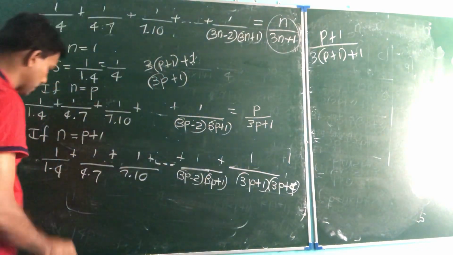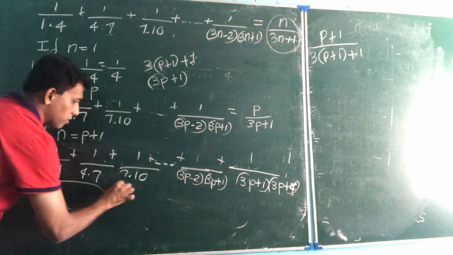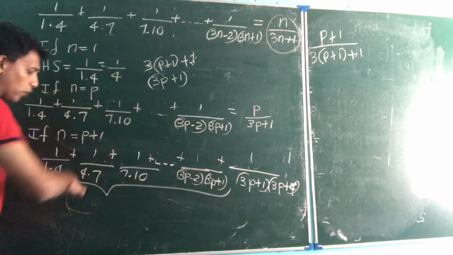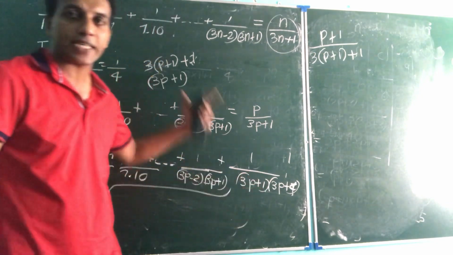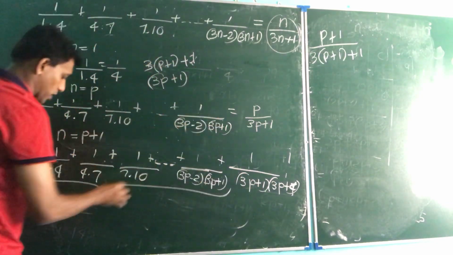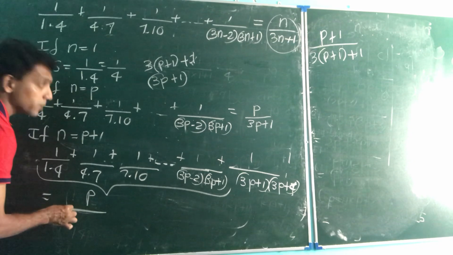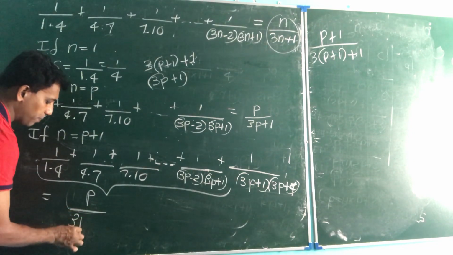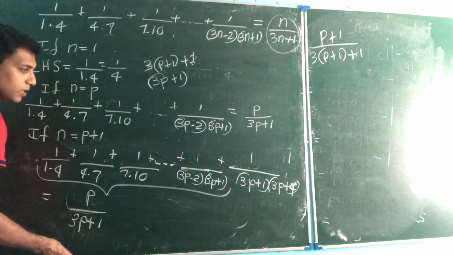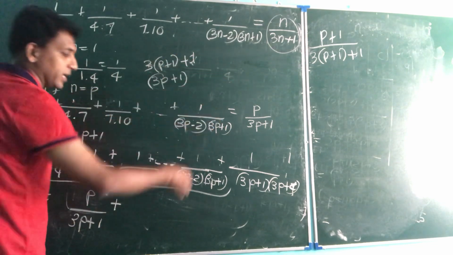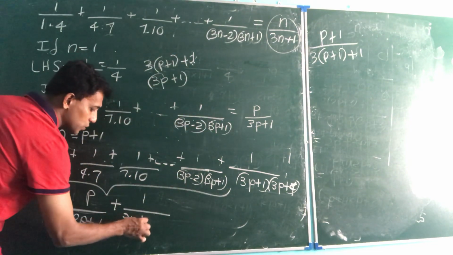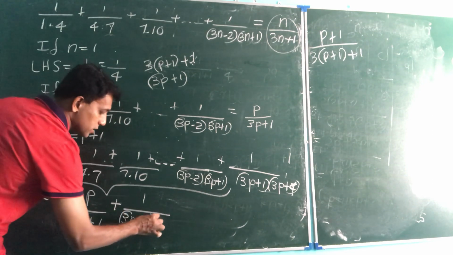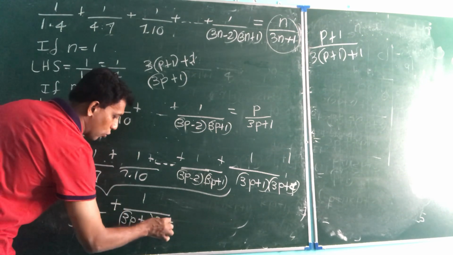So we simplify that. First p summation, your assumption answer, up to p number of additions, is p over 3p plus 1, plus additionally 1 over (3p plus 1)(3p plus 4).